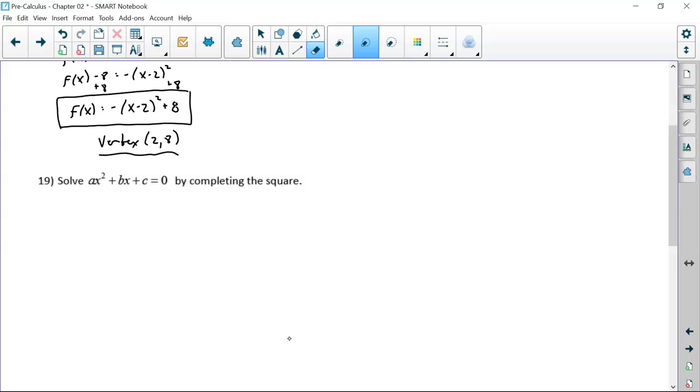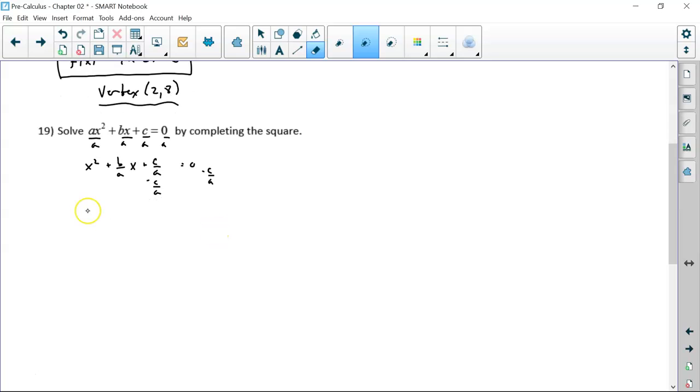Same rules apply. So divide everything by a. You don't need to copy this down, but I think it's important for you to watch. So we get x squared plus b over a times x plus c over a equals 0. So I'm going to isolate, so I subtract c over a from both sides.